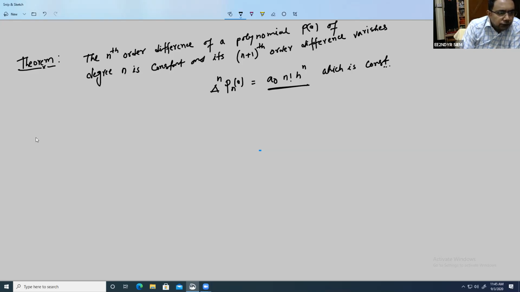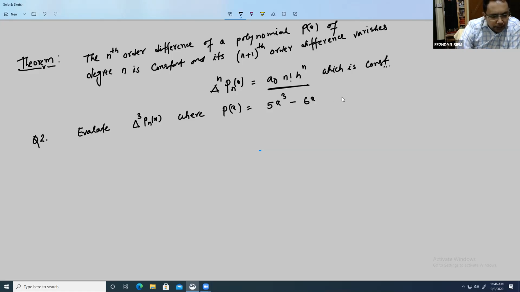Right now I am discussing a problem. This is question number 2. Evaluate del cube P(x), where P(x) equals 5x cube minus 6x plus 11, where h is equal to 2.